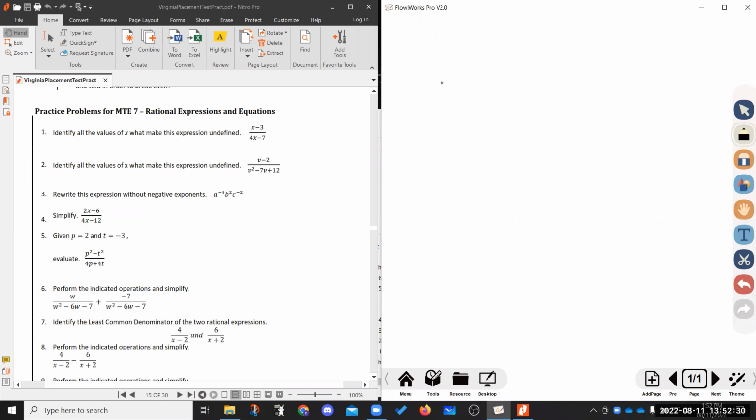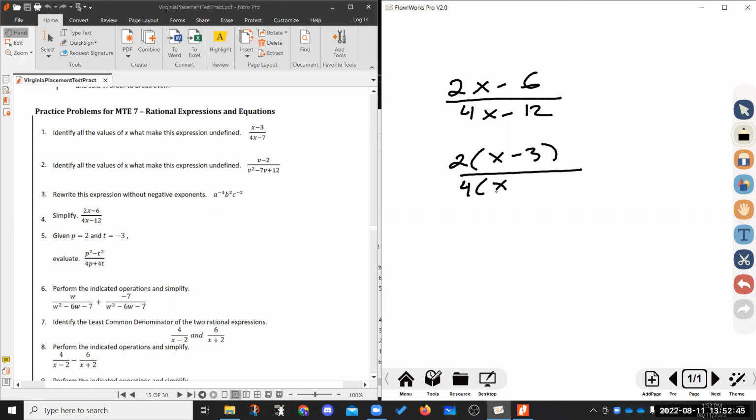Simplify the expression 2x minus 6 divided by 4x minus 12. I'm going to factor 2 times the quantity x minus 3 over 4 times the quantity x minus 3. We're going to be able to divide these out as long as x is not equal to 3.